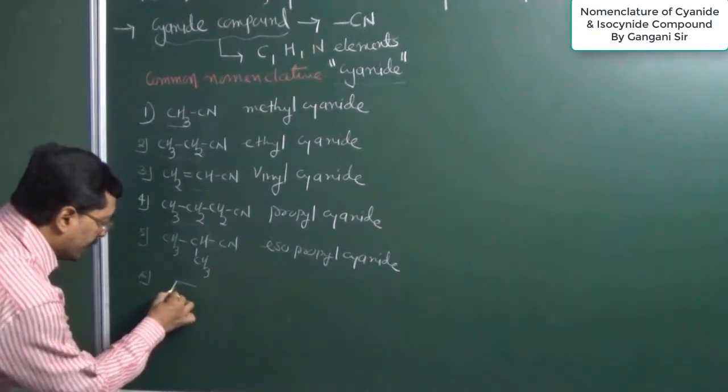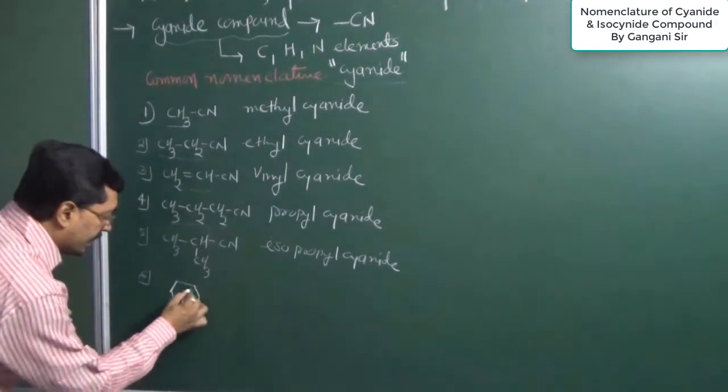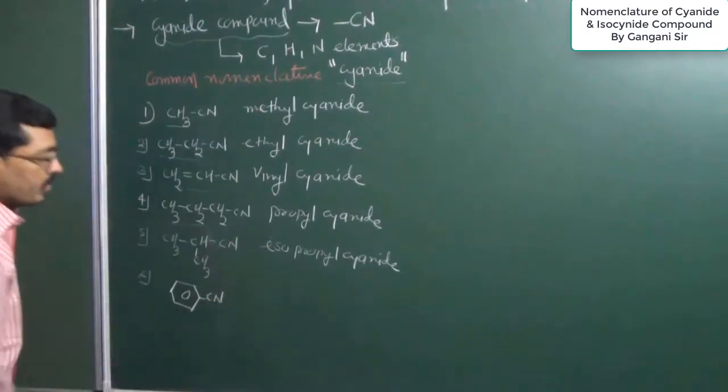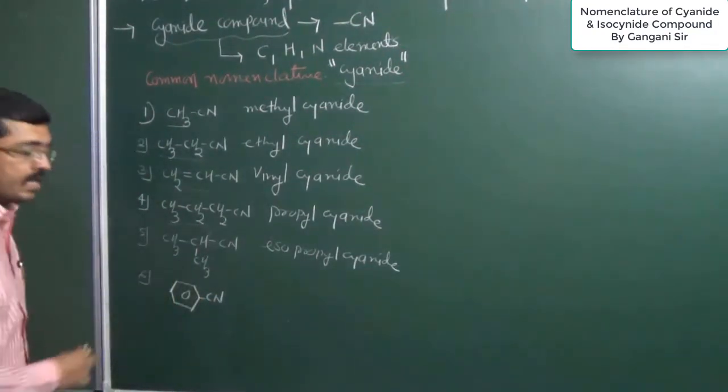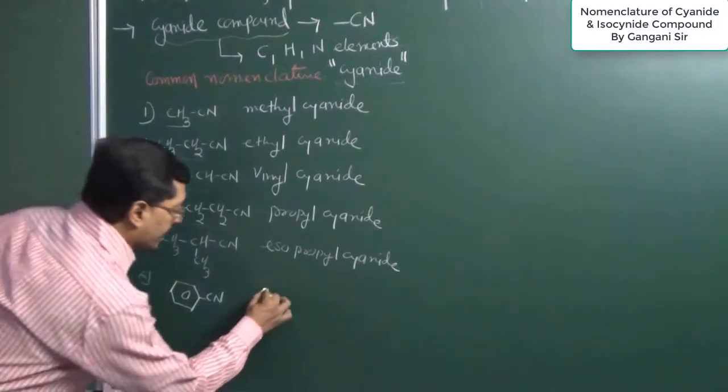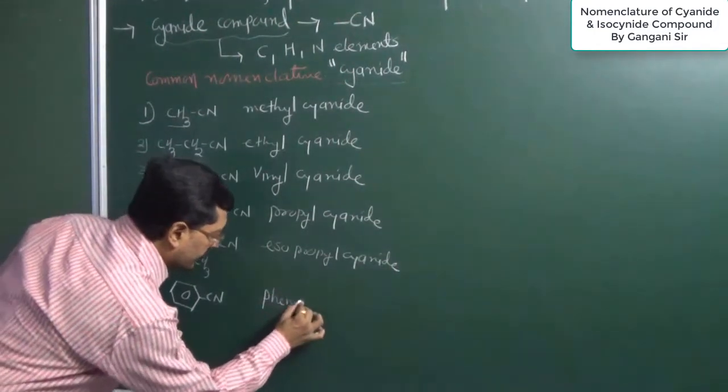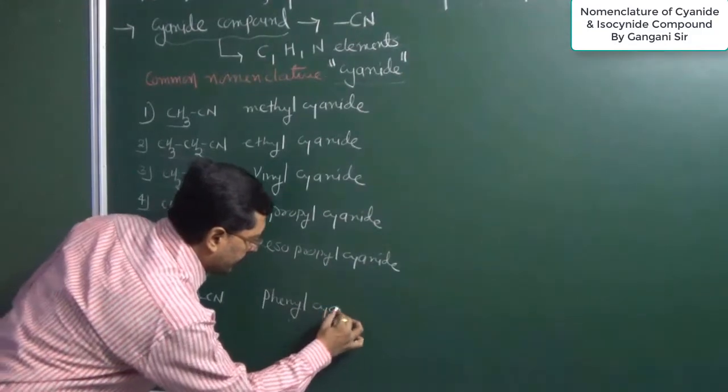Suppose there is a benzene ring with CN attached to it. This part is considered a phenyl, so the common name of this structure will be phenyl cyanide.